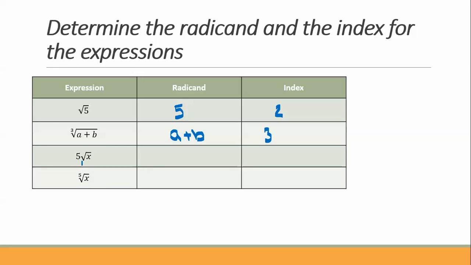This is 5 times the square root of x. This is the 5th root of x. The radicand is x for both of them. x is the only thing under the radical symbol. But this is 5 times the square root of x. There's no index here, so it's 2, just like we talked about up here. This one is the 5th root of x, so the 5 is in the hook, so the index is 5 for that one.